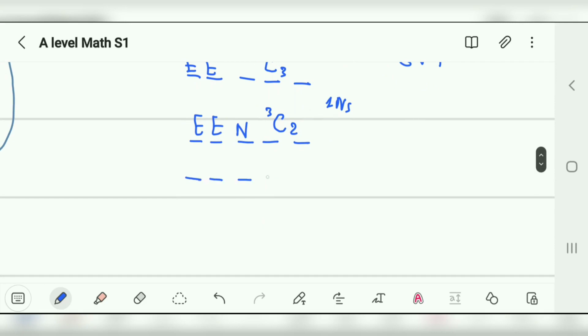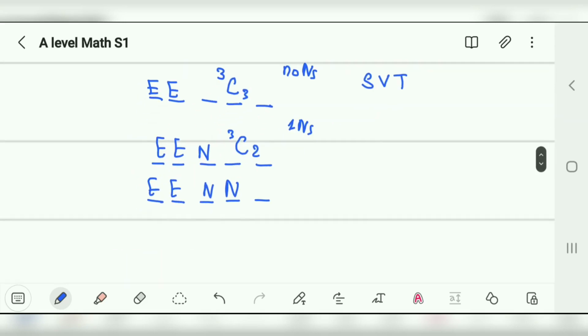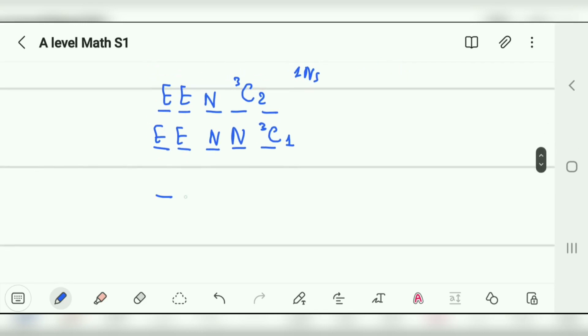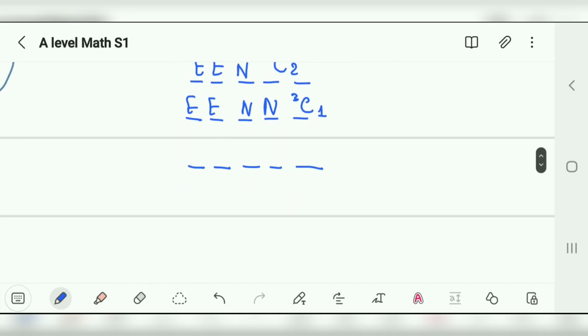Then there are 2 N's, total are 2 exactly, and 3C1. Then it says that it must have at least 2 E's, but we can have more than 2. We can have 3 E's, we can have 4 E's, but I think there are a total of 4 E's. But let's start with 3 E's. You can have 3 E's with no N's.